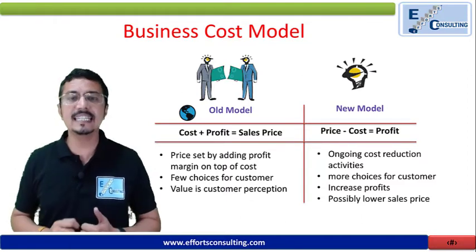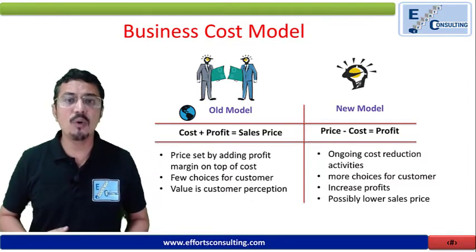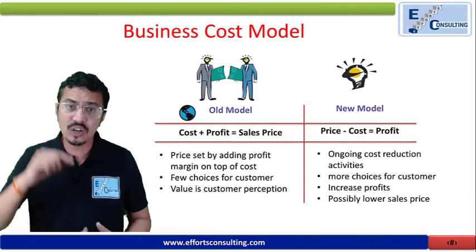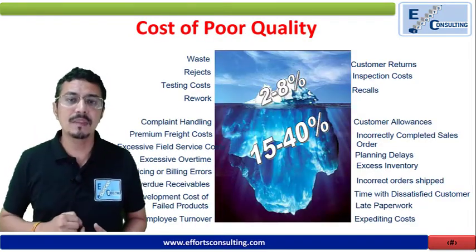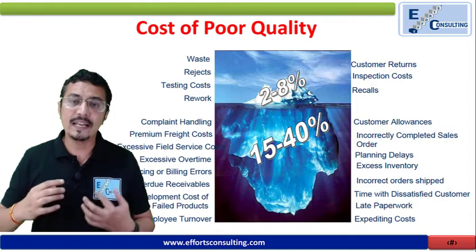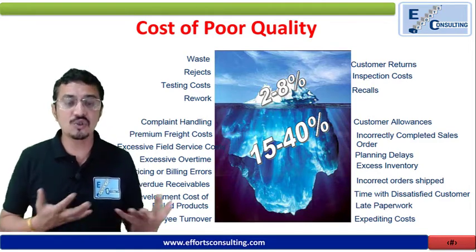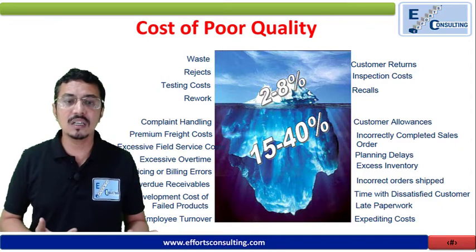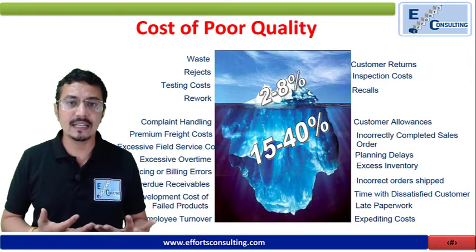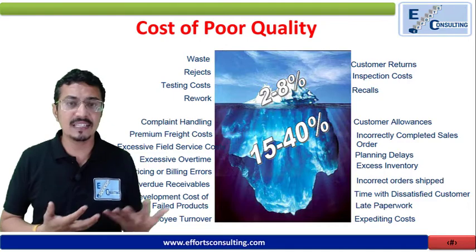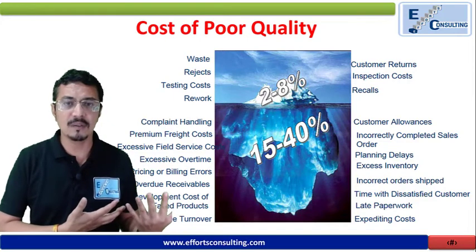When you are generating defects, when you are making more defects, then definitely your internal cost will go up. Now when we are creating defects, or supplying defective parts to the customer, generally we have this tip of the iceberg.